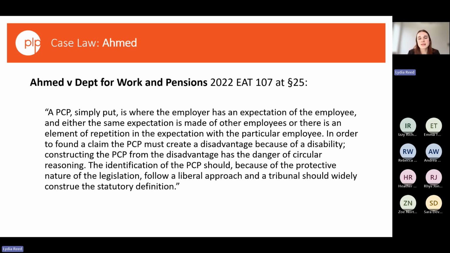The risk is, and I certainly have seen it in practice, for things to become circular. So if the substantial disadvantage is taken as your starting point, and you work backwards to try and find a PCP that doesn't quite neatly fit, it risks the claim becoming circular. That certainly for the claimant is not a helpful approach, and runs the risk of the claim failing.